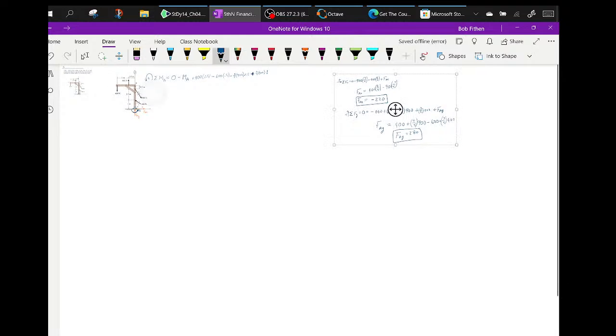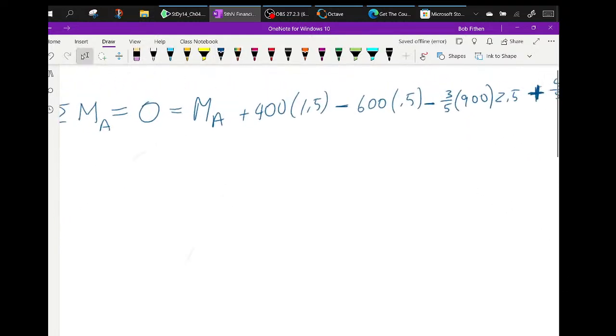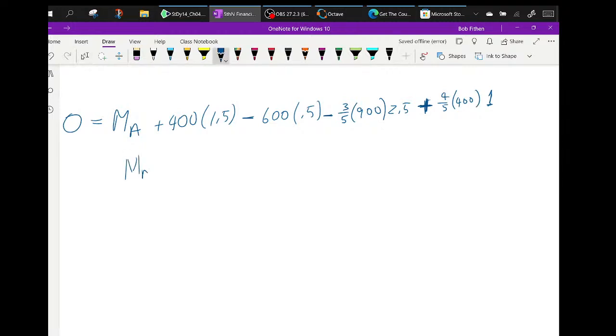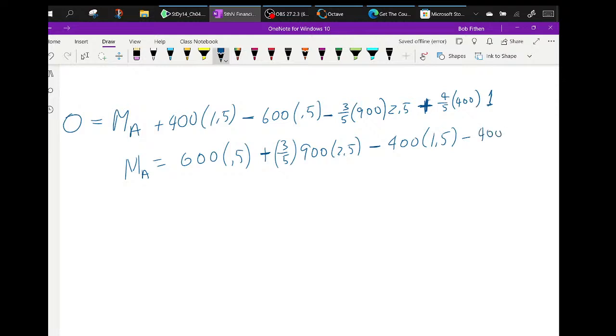Okay, so what does my moment look like? Well, my moment, I can move to the other side. The moment A is equal to. Okay, so I'm going to take the negatives and make them positive. And then I'm going to go back and take the positives and make them negatives, because they moved to the other side of the equation.